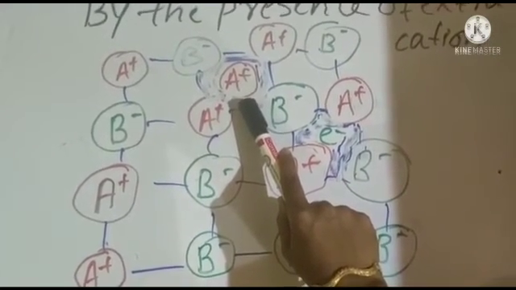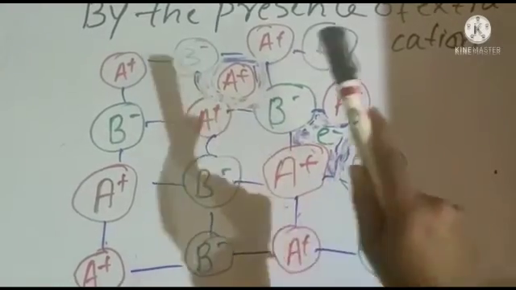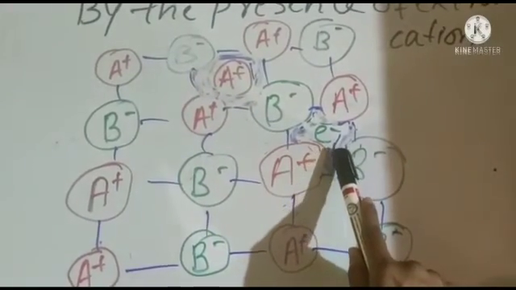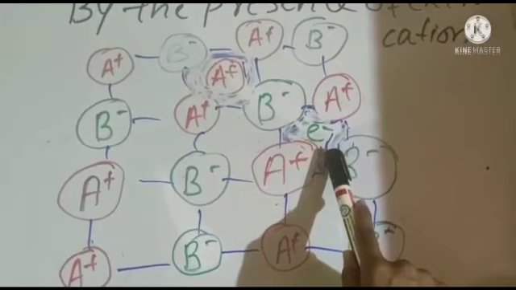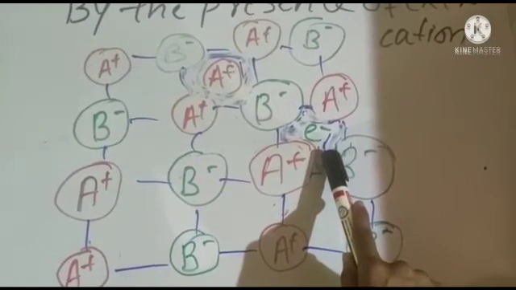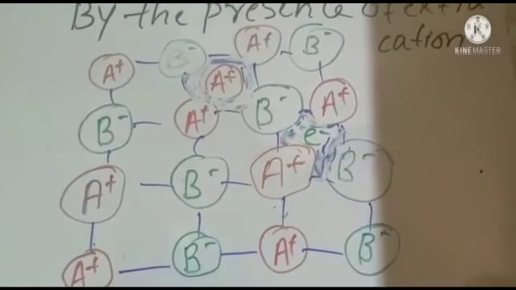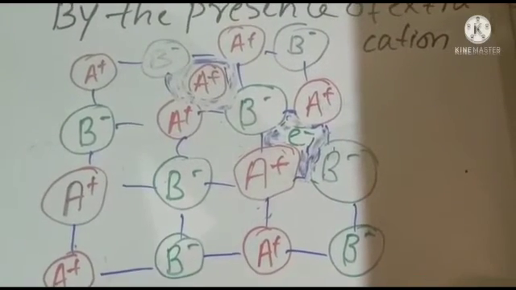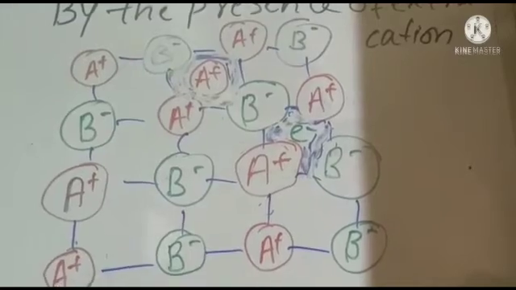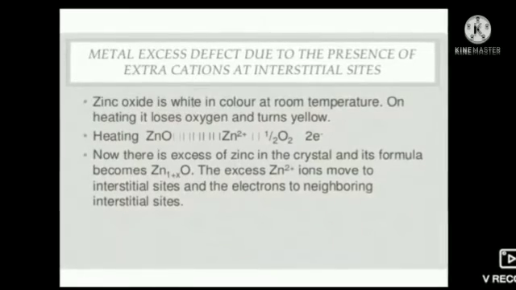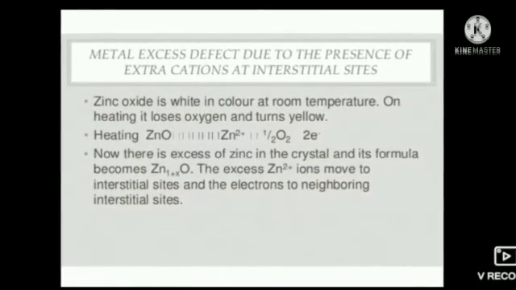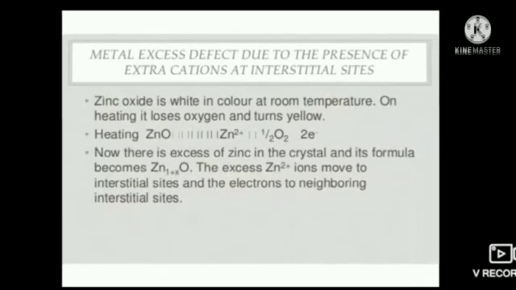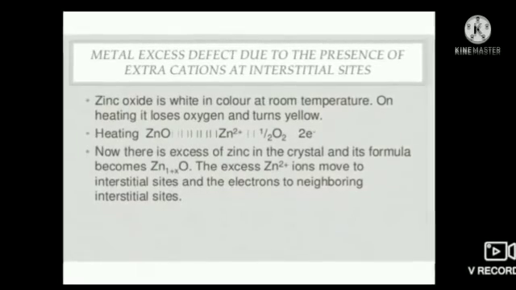In order to maintain electrical neutrality, an equivalent number of electrons occupy another interstitial site. This is the metal excess defect by the presence of extra cations. This defect is also found in crystals which would be expected to form Frenkel defect.